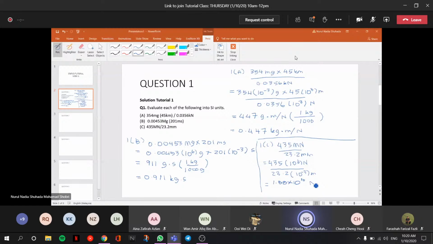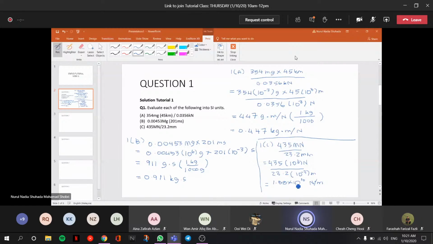Okay, so for question 1C, the answer would be something like this. However, usually we don't use 10 to the power of 10 in our daily use or calculation. So basically, with big numbers, we change the exponential form into prefix.